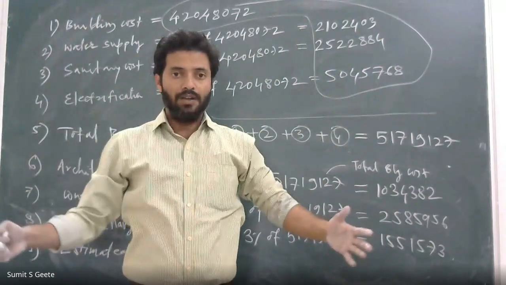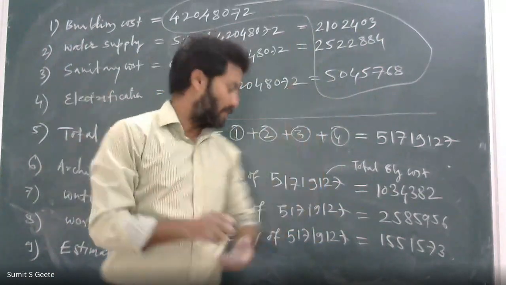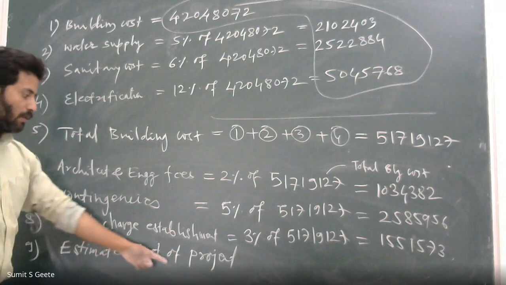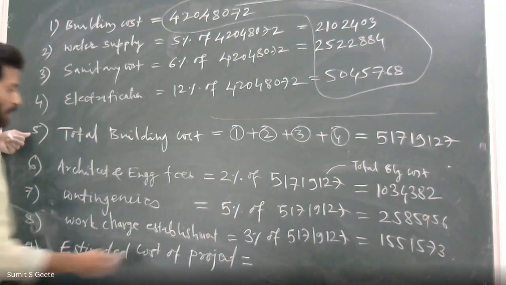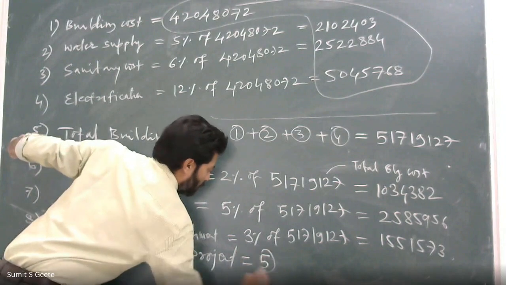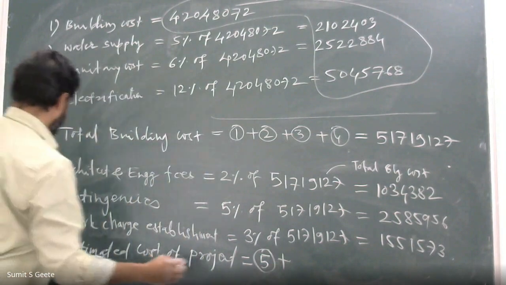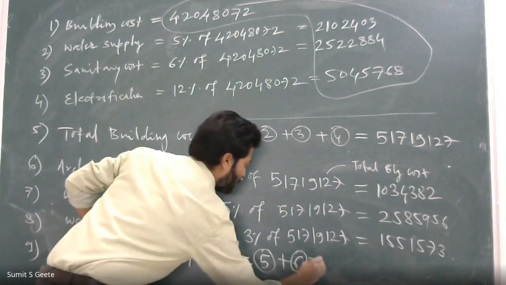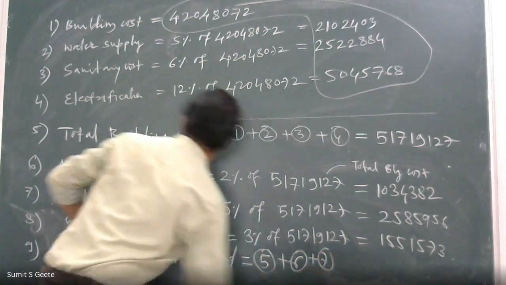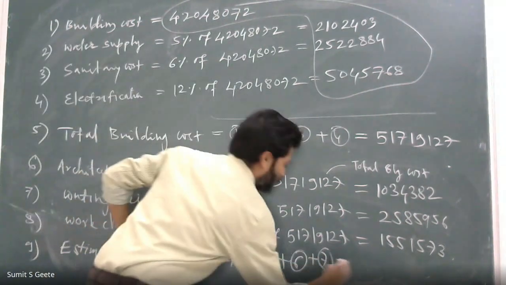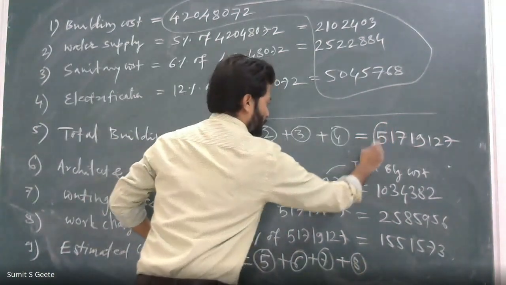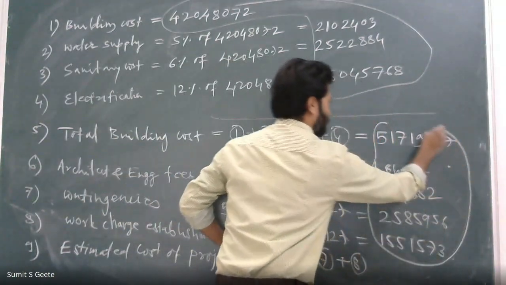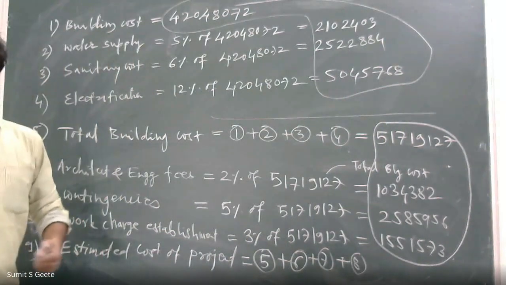This total cost is basically the cost of project. So estimated cost of project is equal to serial number 5, plus serial number 6, plus serial number 7, plus serial number 8.